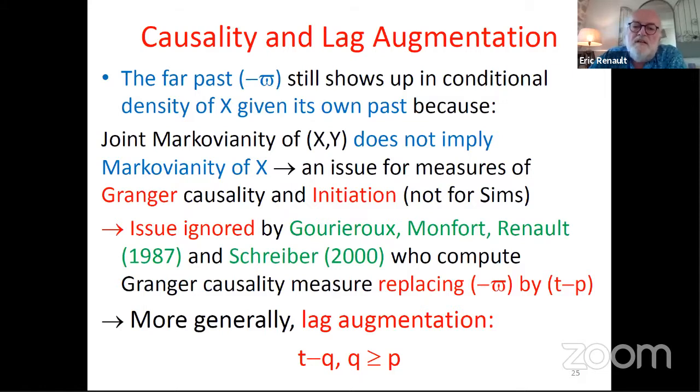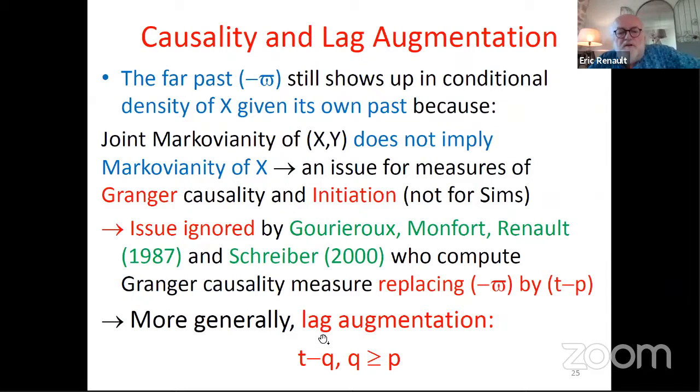Under the null, that Y does not cause X, X becomes itself Markov for the P. So it's correct to see it as Markov for the P. But precisely the point of measuring causality is not to assume that Y does not cause X, right? So there is no reason to stop the path for X at T minus P. Okay.